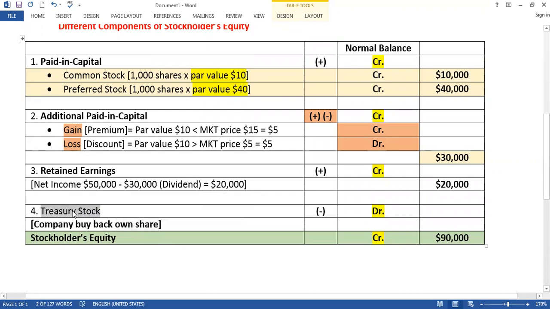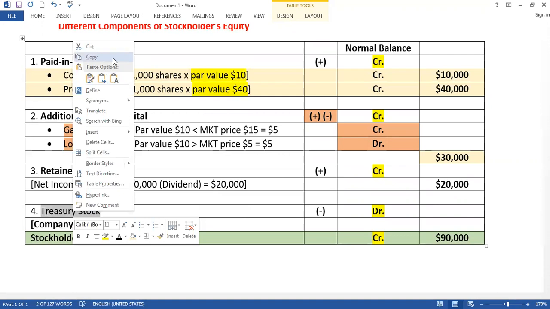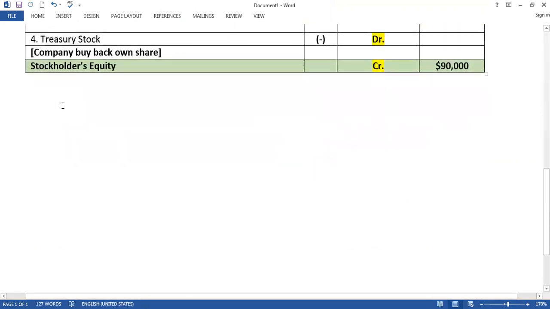So let me explain treasury stock in detail with an example. For example, this is January 1st, 2021.